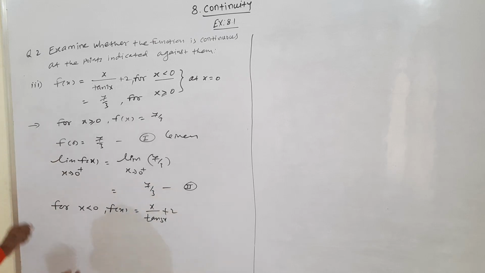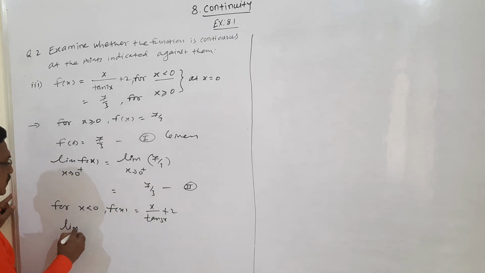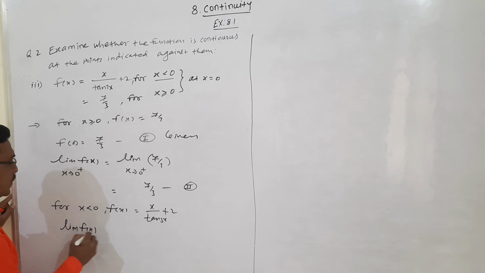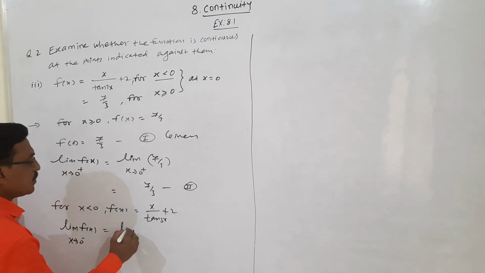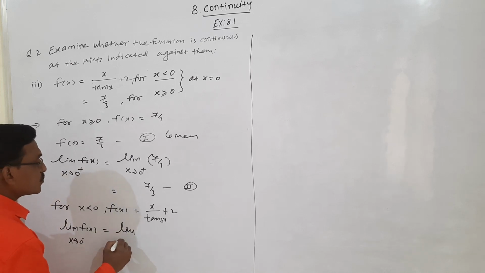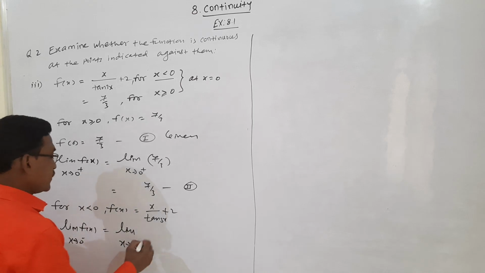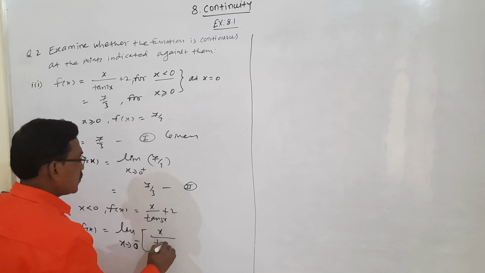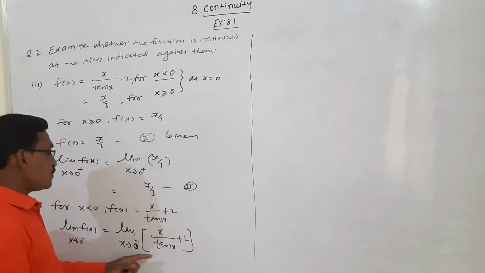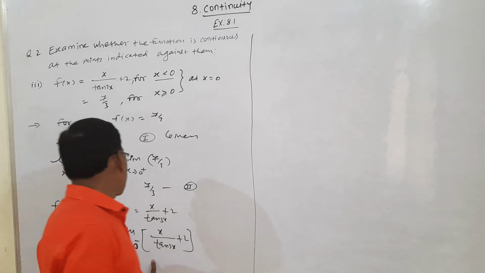So the limit of f of x as x tends to 0 minus is equal to the limit as x tends to 0 minus of x upon tan 3x plus 2. So we simplify this function.